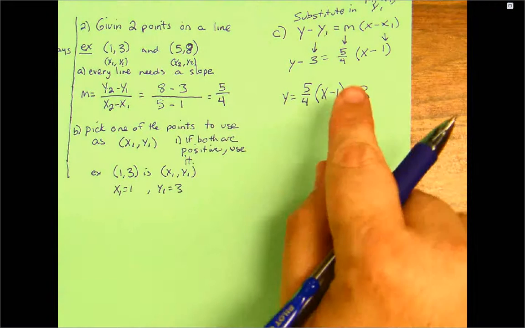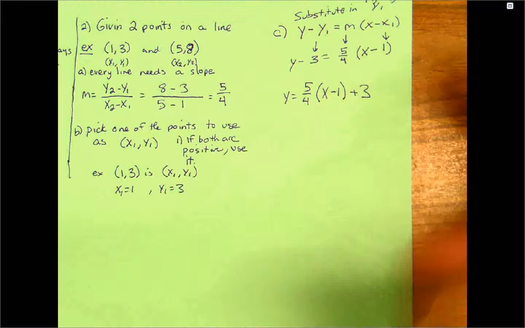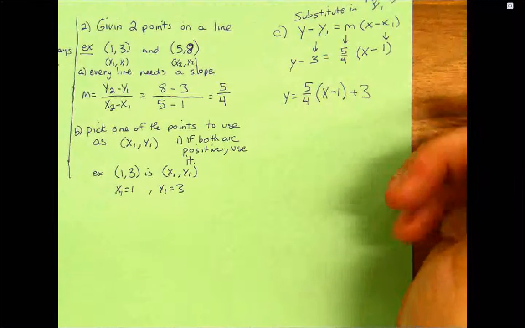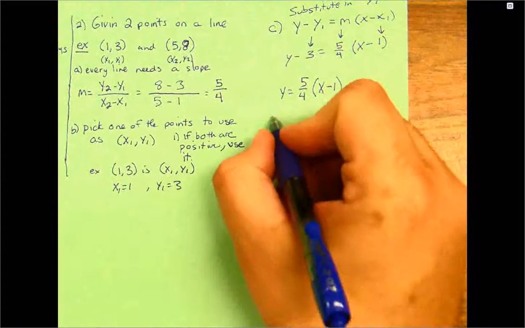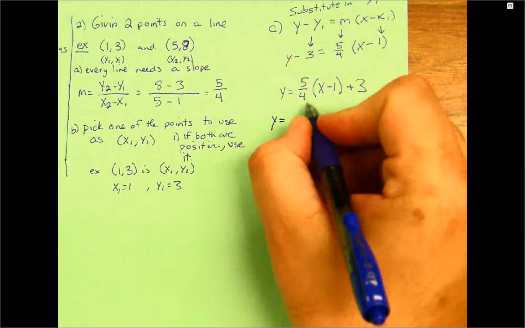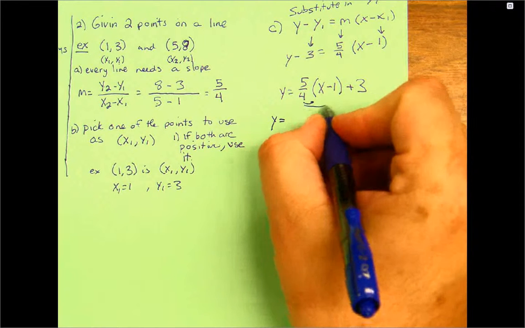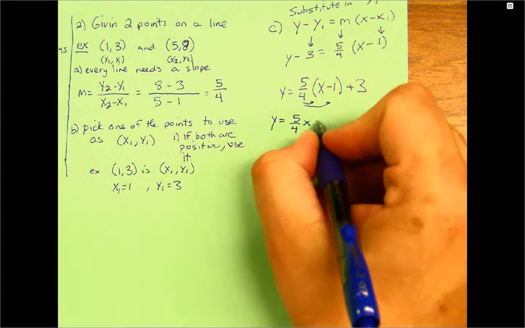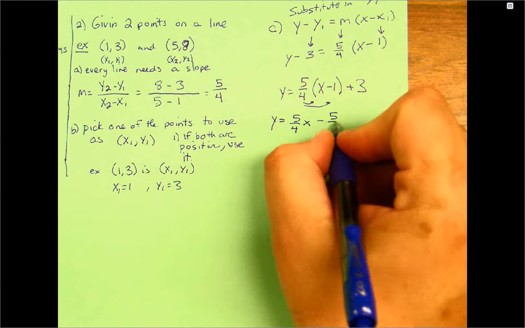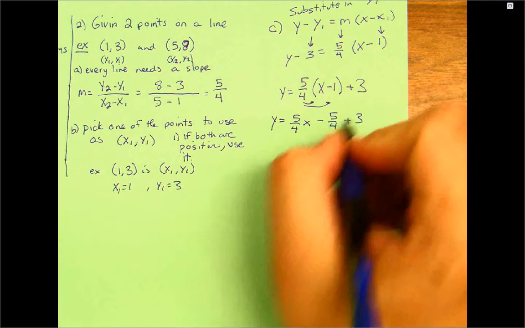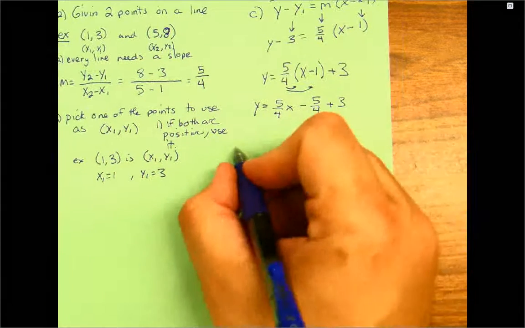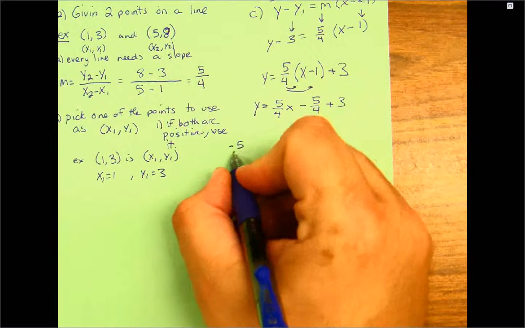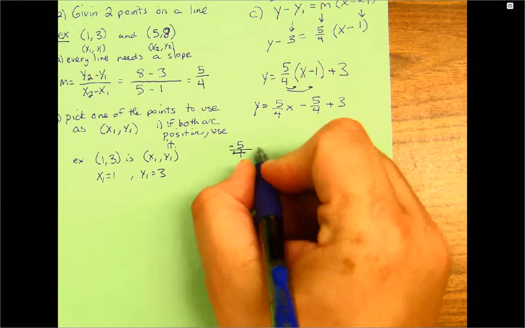Y is equal to, distribute this, 5/4 x minus 5/4 plus 3. Now I need to take the negative 5/4 plus something over 4. Now, how do I figure out what's going to be in the top? I have 3 of them.